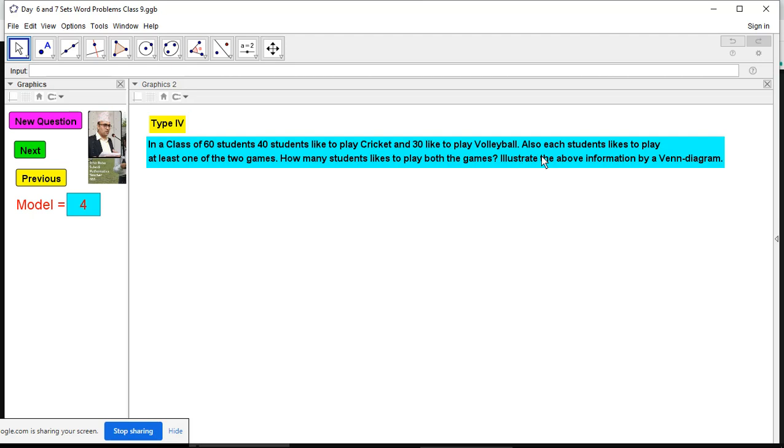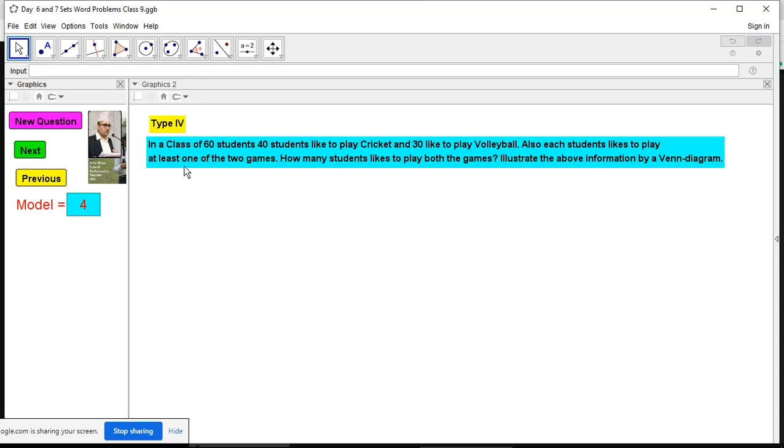And the next important part is, dear students, each student likes to play at least one of the two games. This is very important. At least one of two games. It shows there is no complement part. In the first or second class, I defined the union of sets. In that, the members within set A or B or both, that is union.